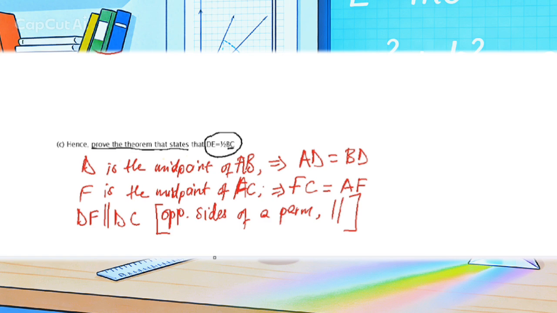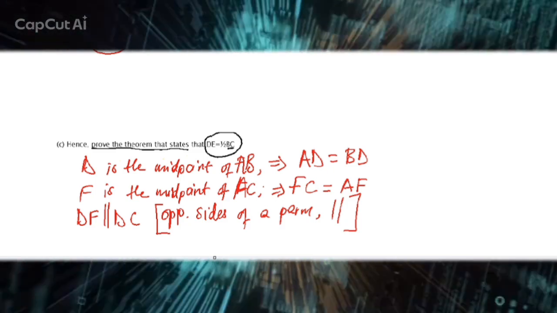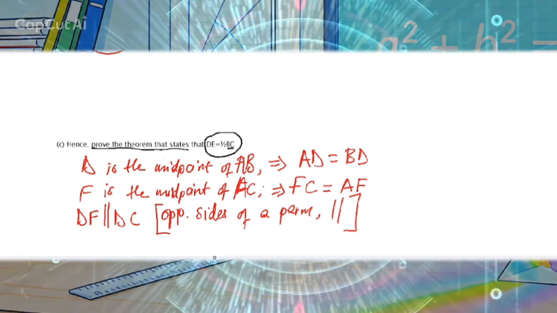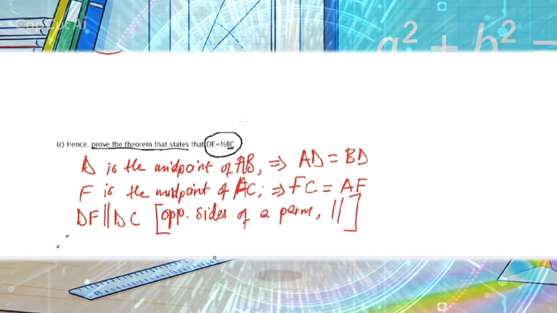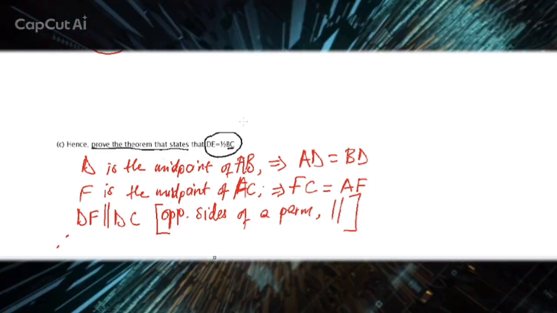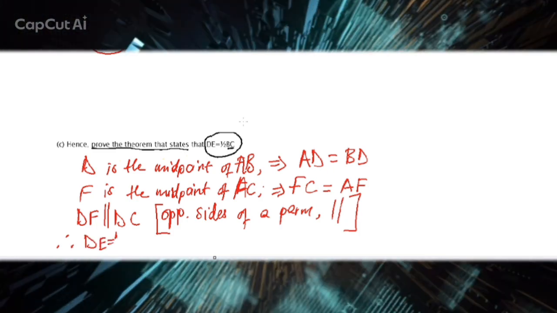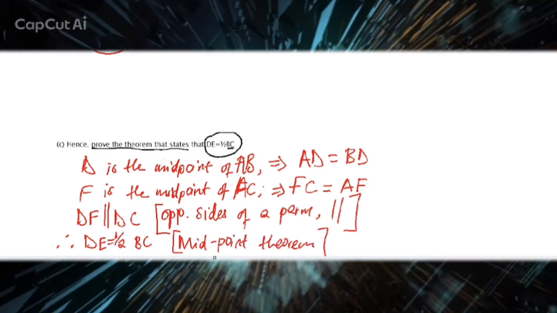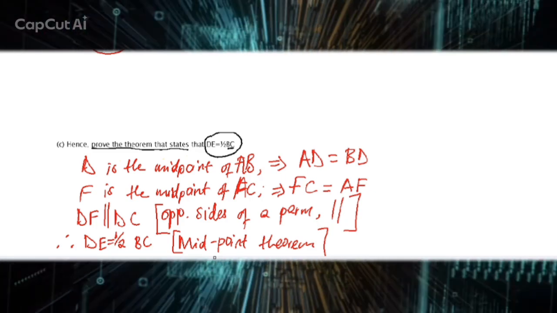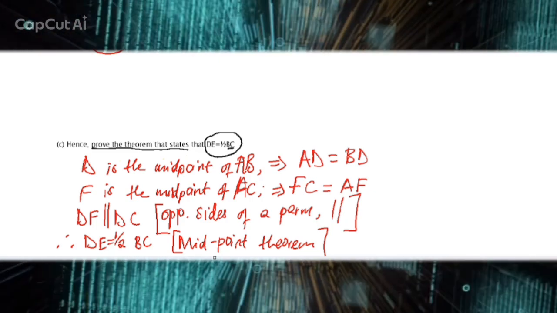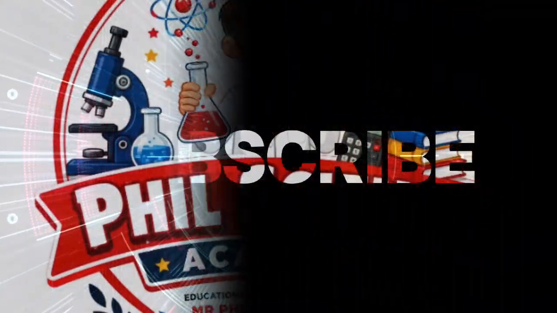And from this, we can conclude that DE will be equal to 1 over 2 BC. Reason being, this is the midpoint theorem. So this is basically how you prove the midpoint theorem.